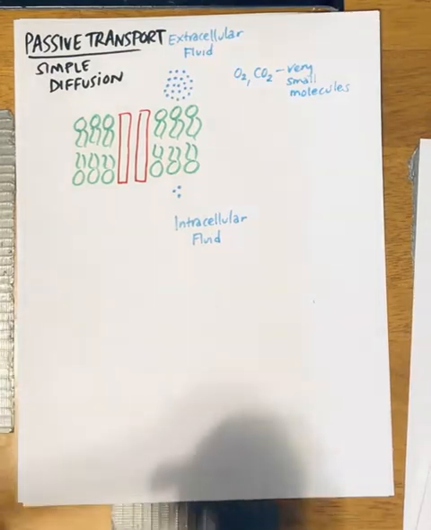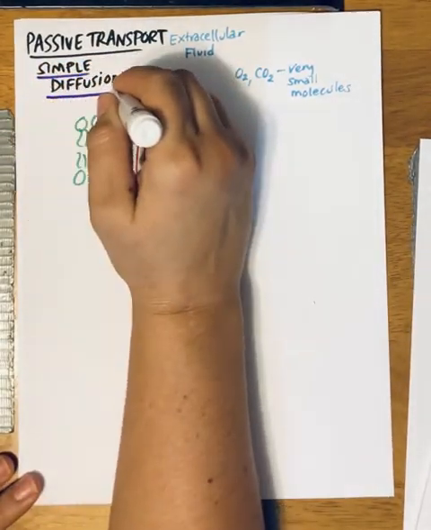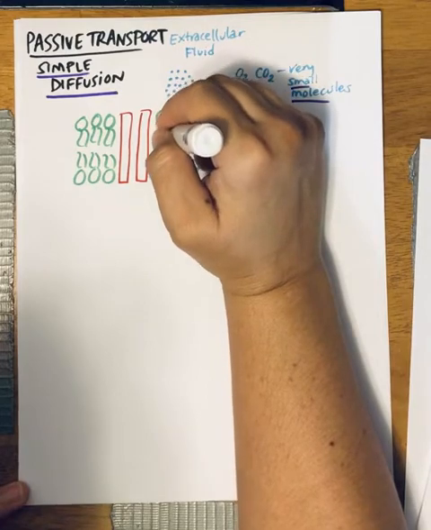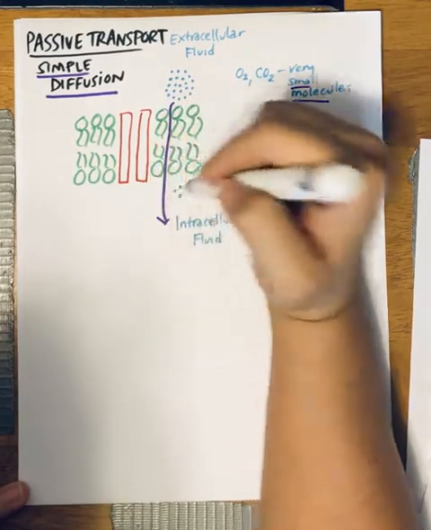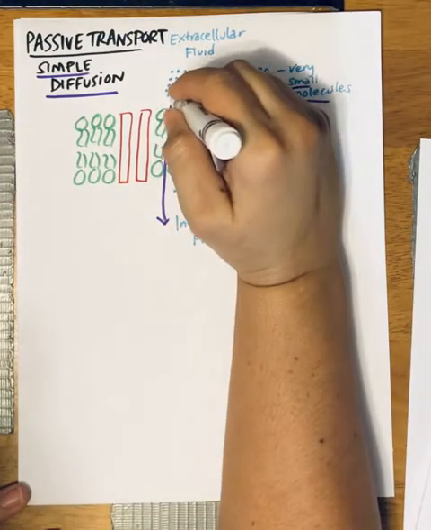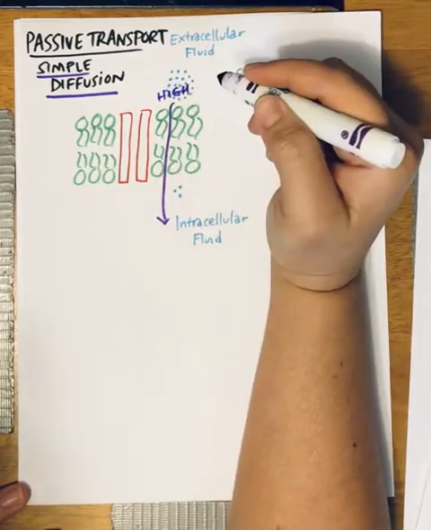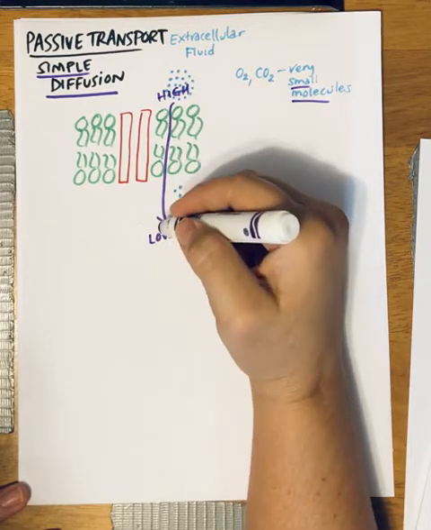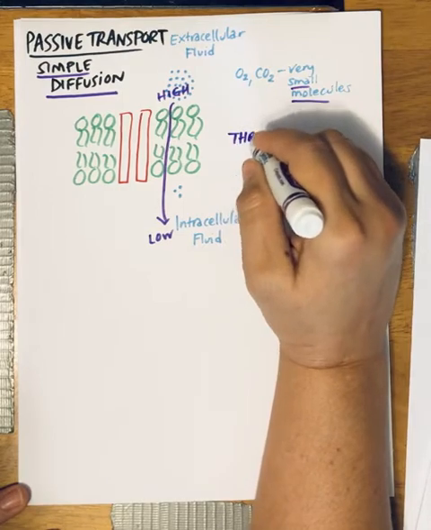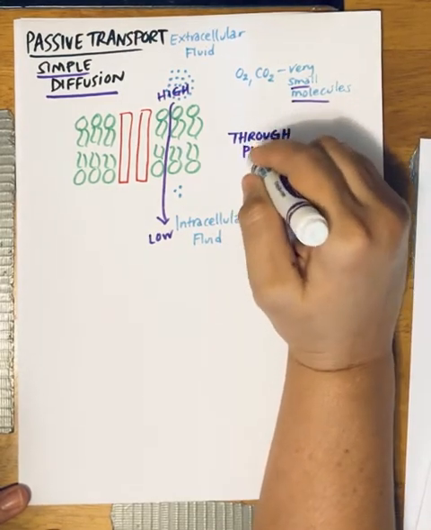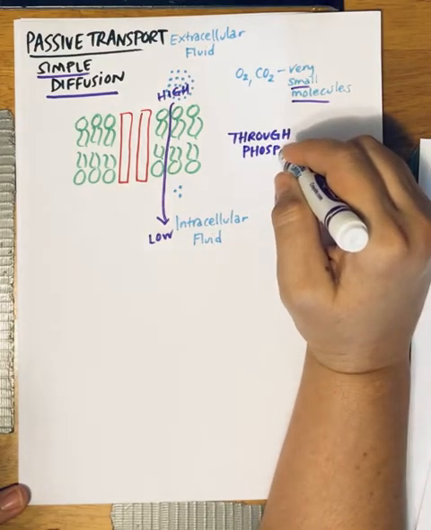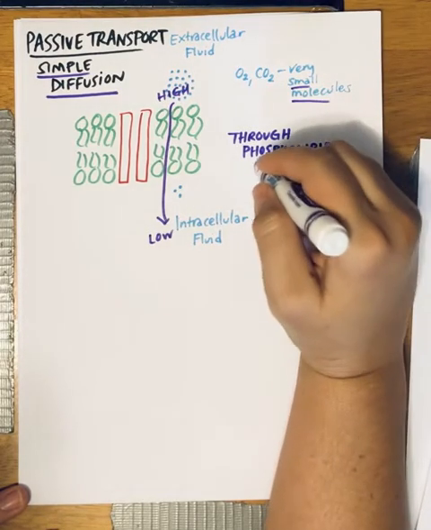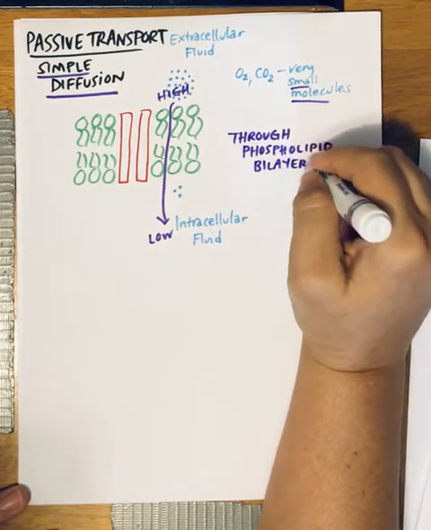So for simple diffusion, you take these small molecules, and it's simple, they go through the phospholipid bilayer, from high concentration to low concentration, down the concentration gradient, because it's got gaps in it.